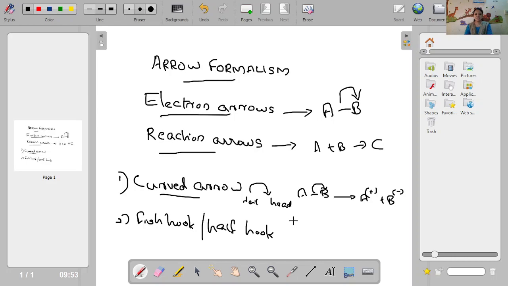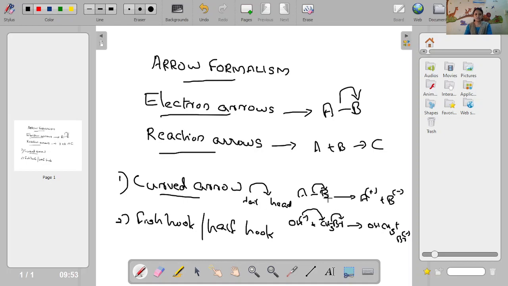Or another example, a reaction OH minus plus CH3Br, which we will discuss under SN2 reaction. If I represent curved arrows like this, what's the meaning? This OH minus, or these two electrons, attach to CH3, and you will get CH3OH plus Br minus.